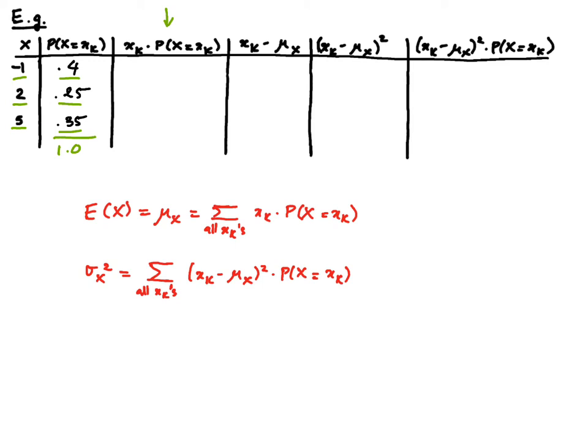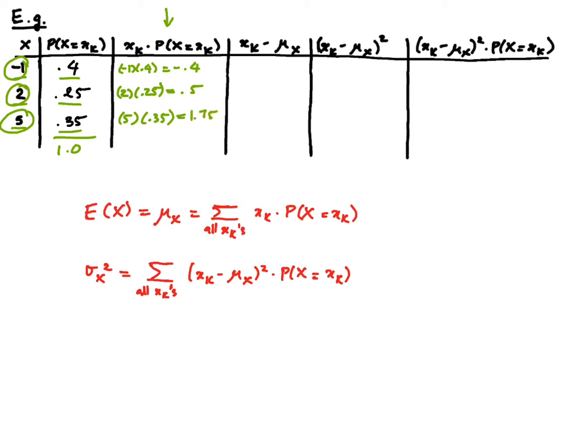So what we want to do here is take each of the xk's, so each of these numbers, and multiply by its probability. So we get -1 times 0.4, that gives us -0.4. We have 2 times 0.25, that gives us 0.5, and then we have 5 times 0.35, that gives us 1.75.